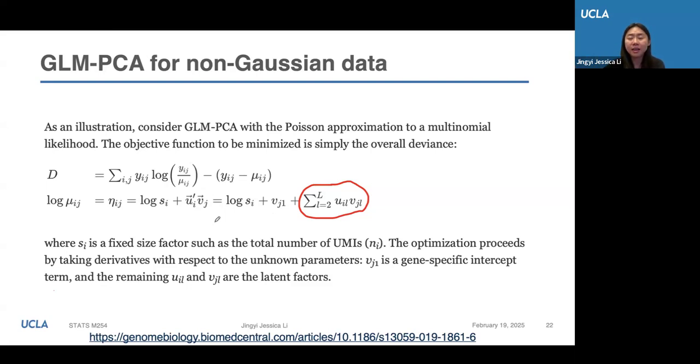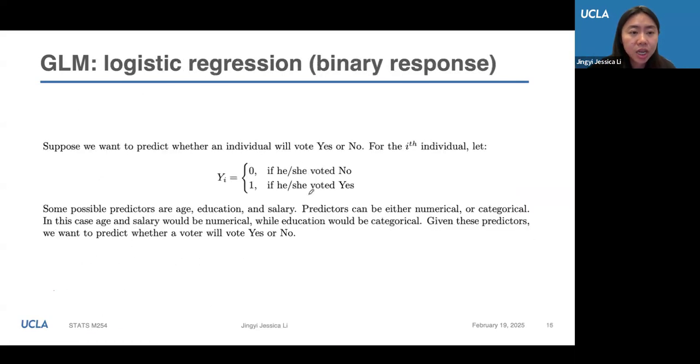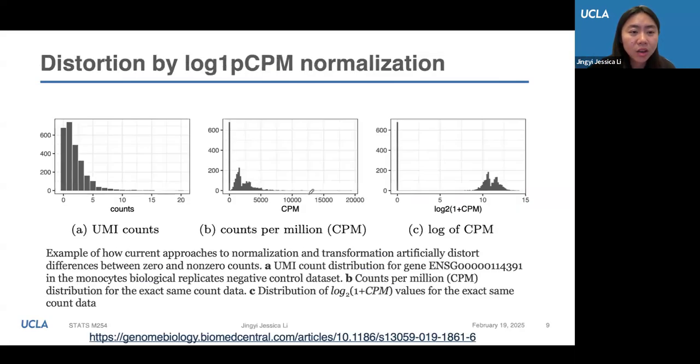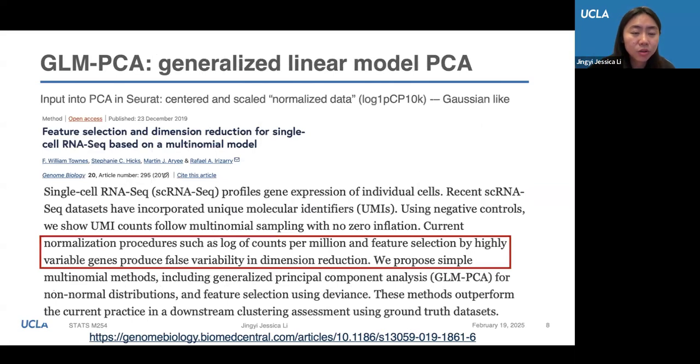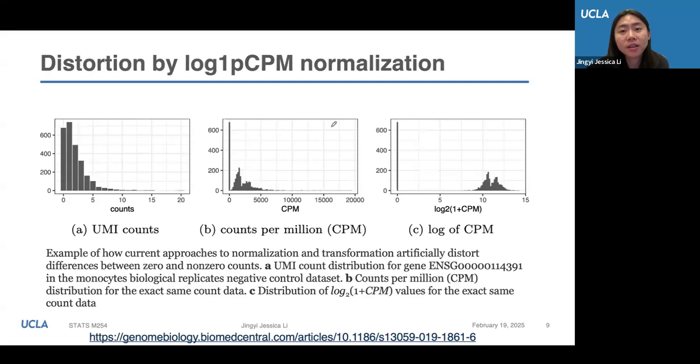And I think that is also part of the reason why GLM PCA, after this paper was published, hasn't been that widely used, like 6 years ago, 5 years ago, compared to the Seurat PCA, even though this issue was pointed out.